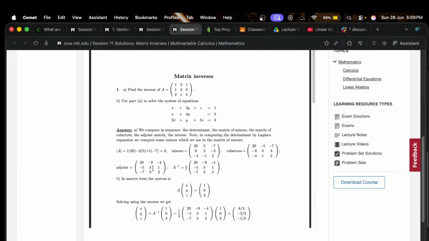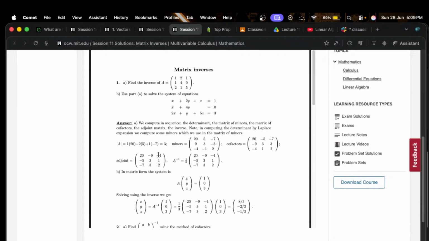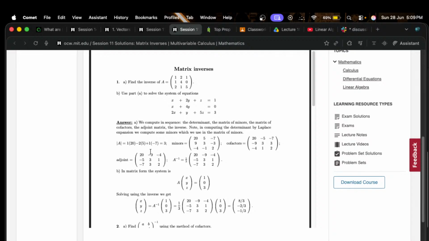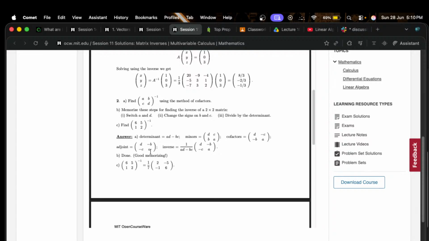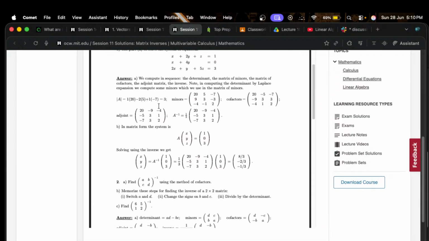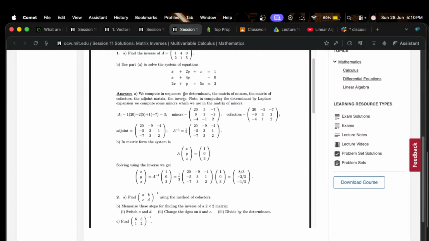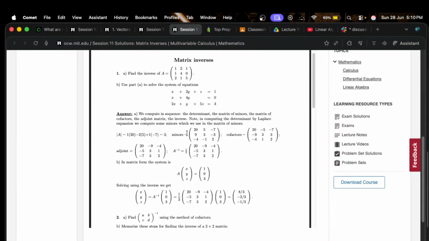So first find the determinant, then find the minors.